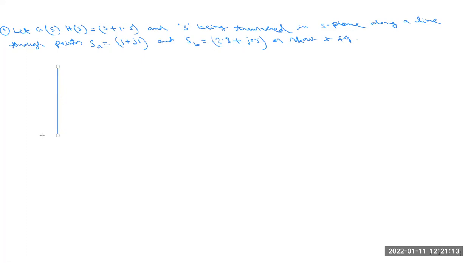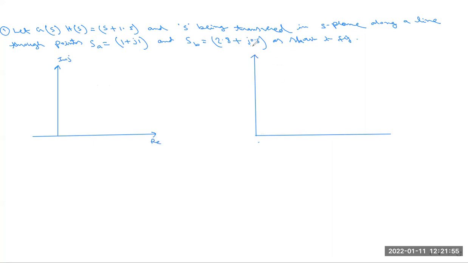This is the imaginary axis and this is the real axis.